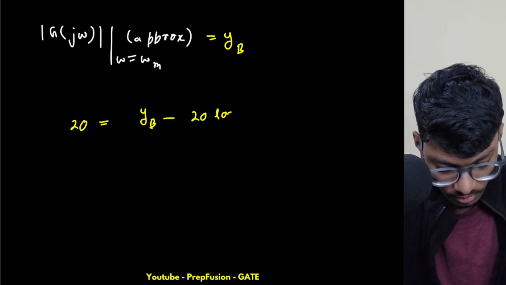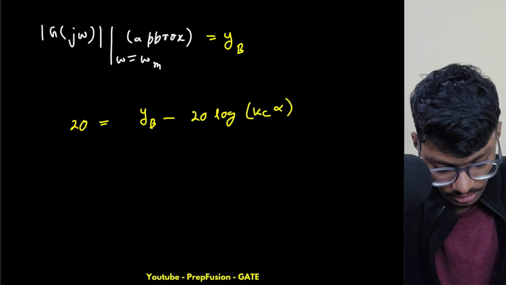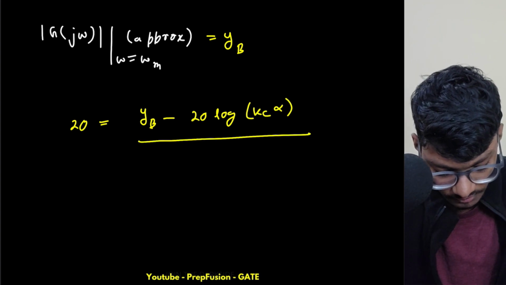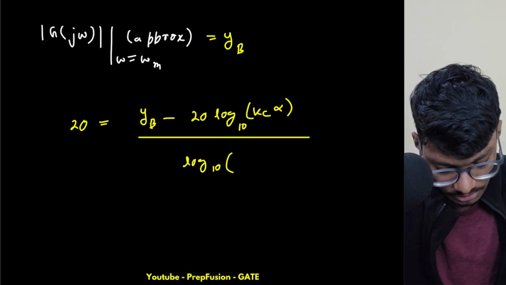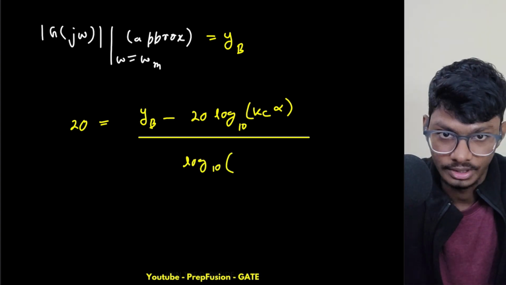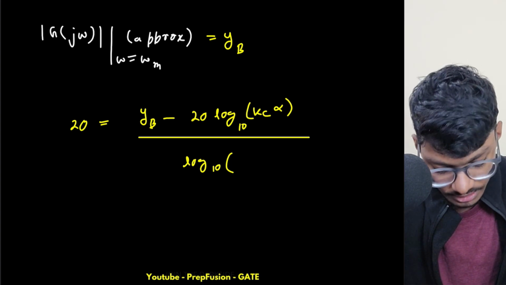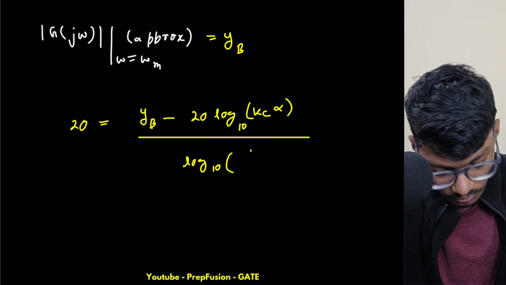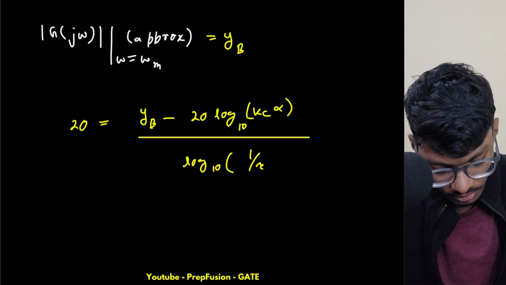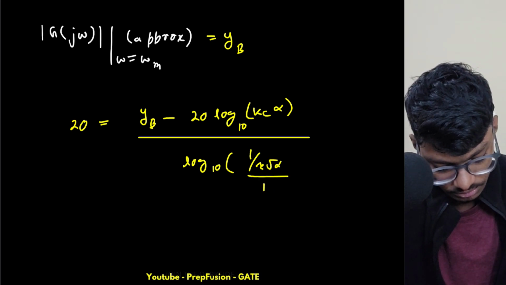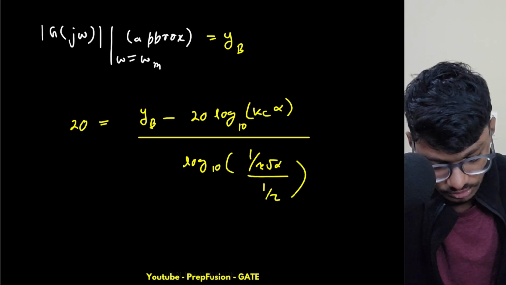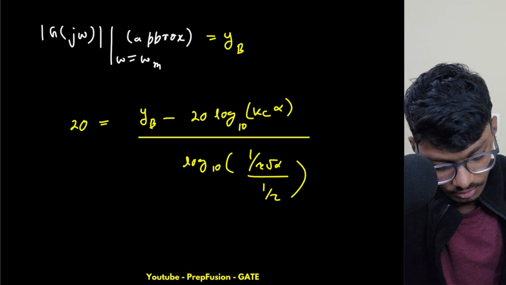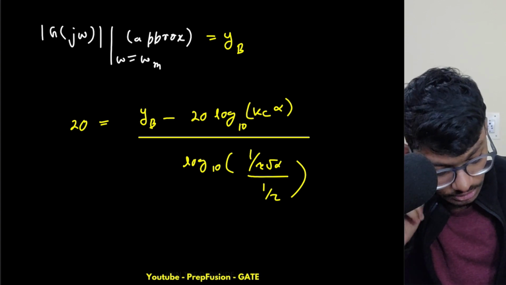Ya is 20 log Kc alpha. What is omega b? Omega b is simply 1 by tau under root alpha, and omega a is 1 by tau. So this becomes 1 by under root alpha.